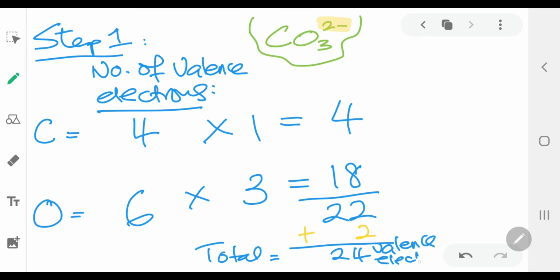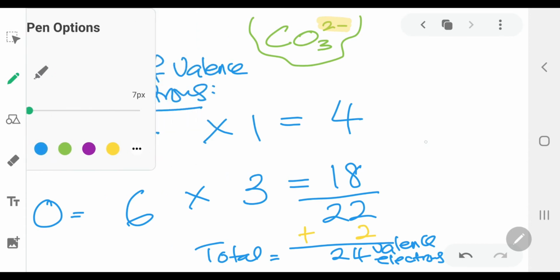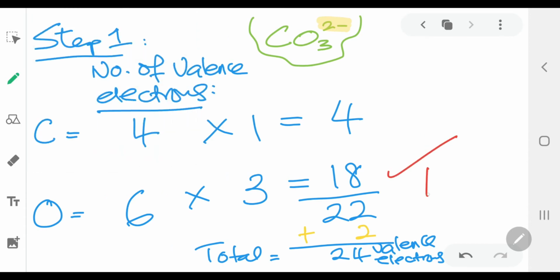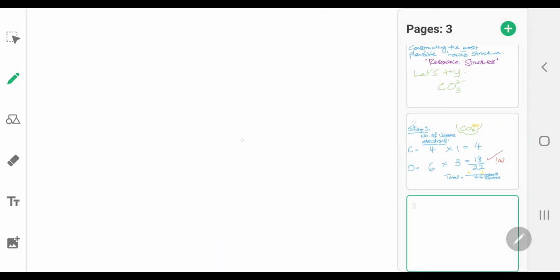By showing this calculation, you will get 1 mark. So we know that there will be 24 valence electrons involved in the construction of the Lewis structure for CO3 2 minus. Okay, so second step.